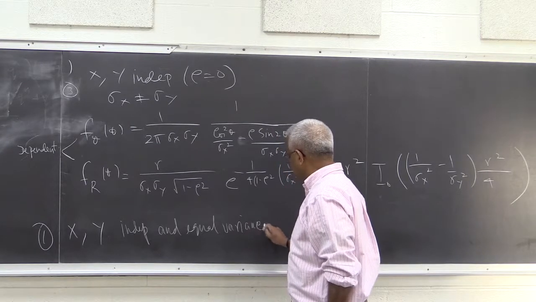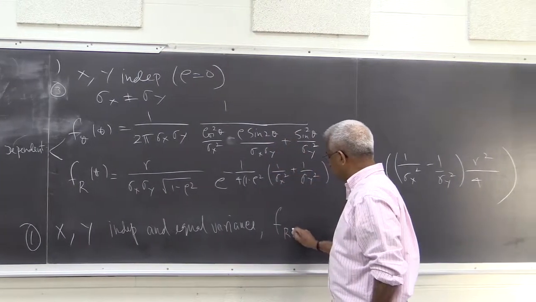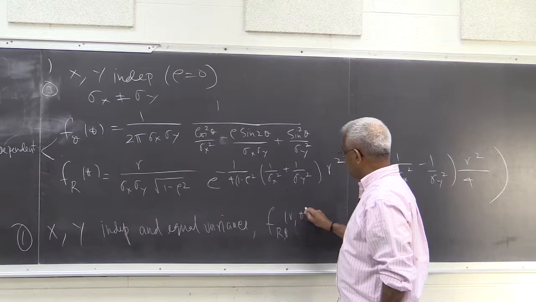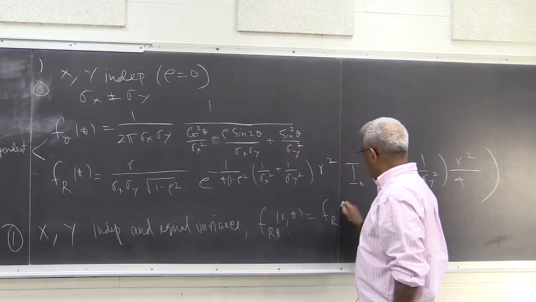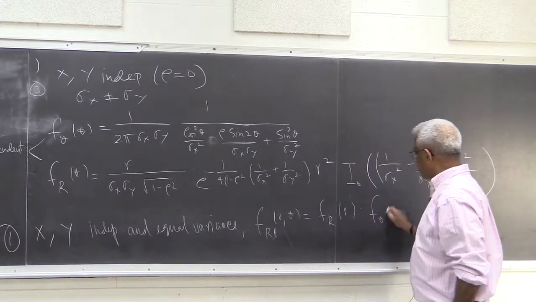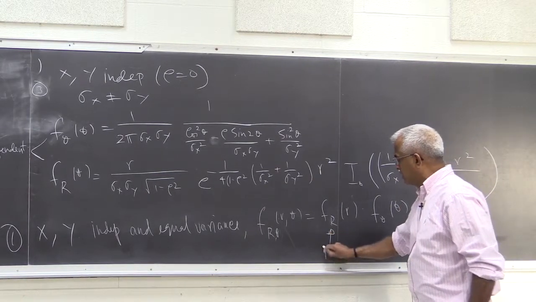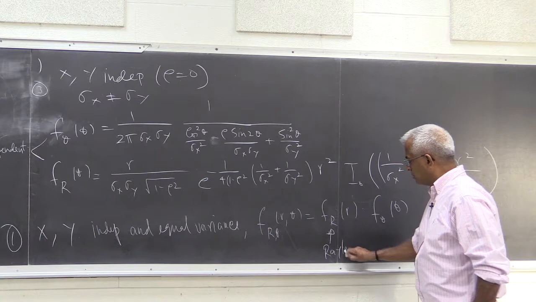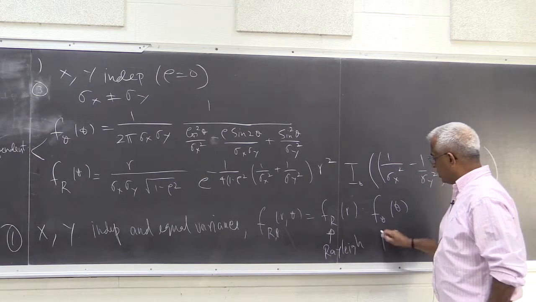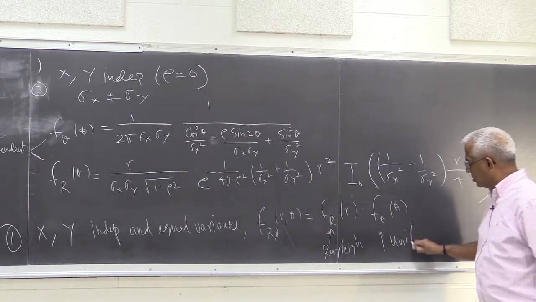Then f of r, theta is the same as f_R multiplied by f_theta. So this is the only classic case which is generally done, and R is Rayleigh and theta is uniform.